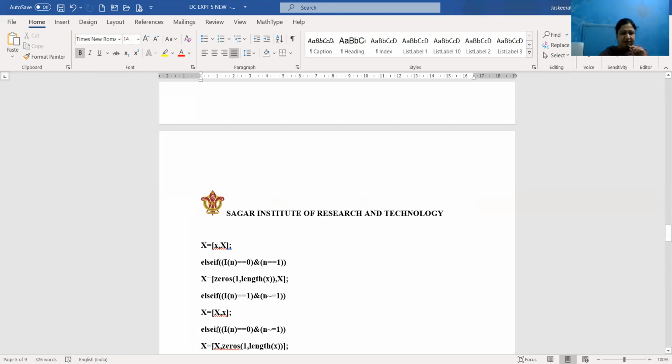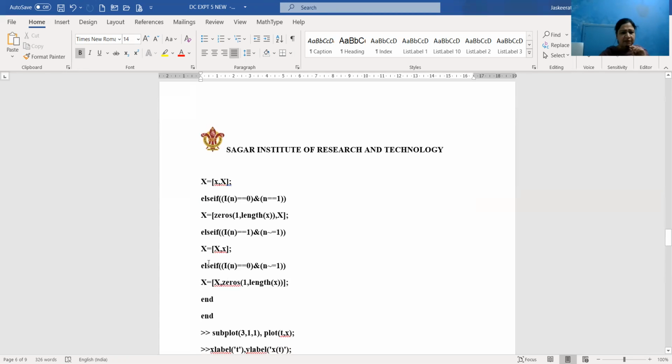In that case, I will write the ASK modulated signal as capital X, comma, small x, which is represented as the carrier signal. Then the fourth condition, in is equal to 0 and n is not equal to 1. That means I am considering a sample other than the first and the value of that sample is 0.